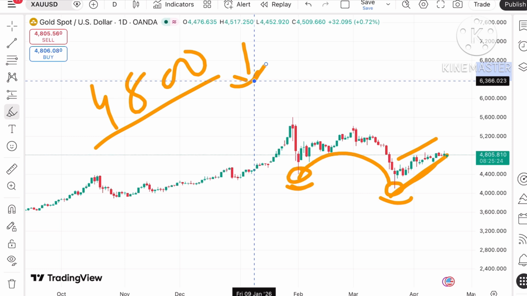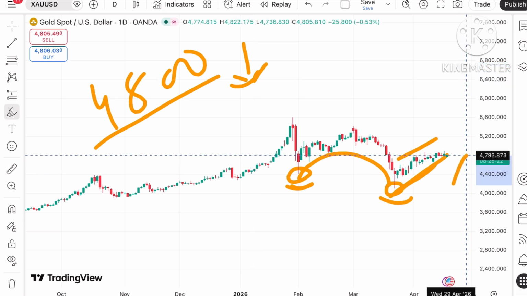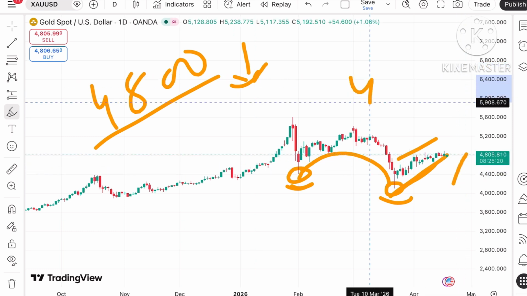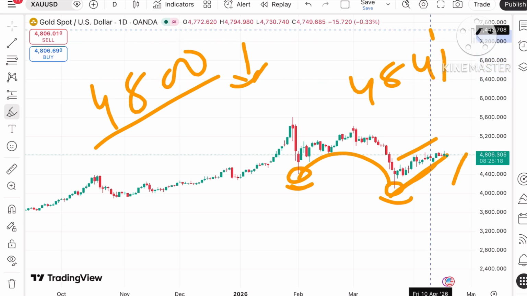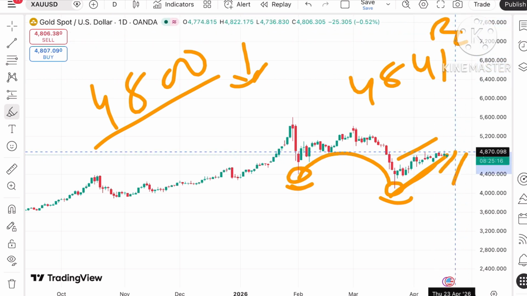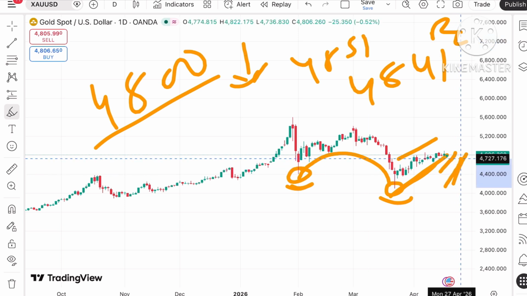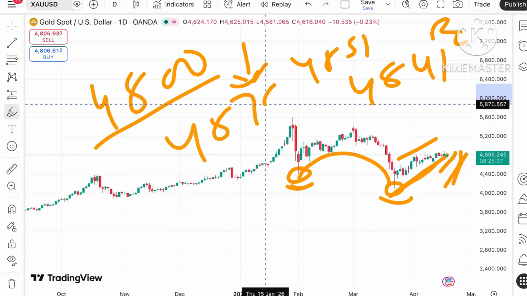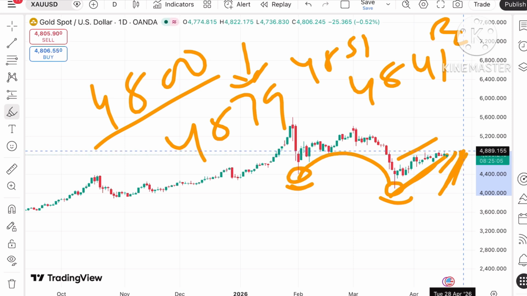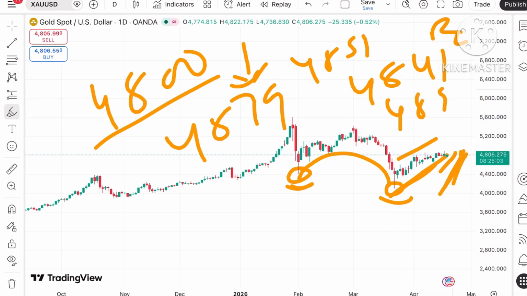a further fall can be seen. But if it keeps moving upside, there is a higher chance that it will go towards $48.41, which is resistance 2, and if the price rises above this level, the probability of going towards 48.51 is there. If that sustains, we will see the price move towards a level of 48.79. From there, a further upside can be seen towards a level of $48.90.